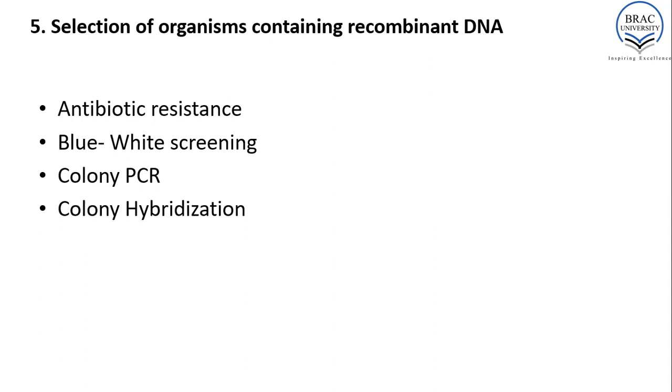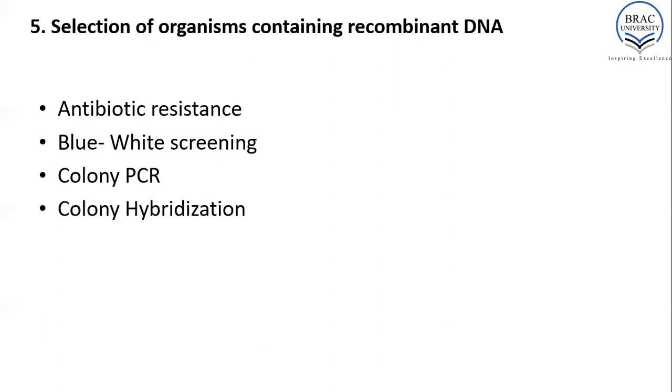So the bacteria that grow on that plate are those that have taken up the vectors carrying that antibiotic resistance gene. In most cases, ampicillin is widely used for selection of these bacteria. Other antibiotics like carbapenems, chloramphenicol, tetracyclines, or kanamycin are also used.